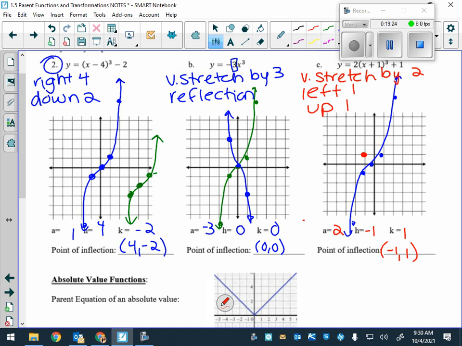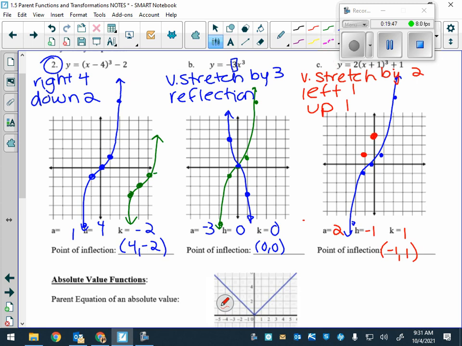Okay. Now, to find your additional points, you could take my next x value. Say 0. 0 plus 1 is what? 1 cubed. 1 times 2 plus 1. 0, 3.